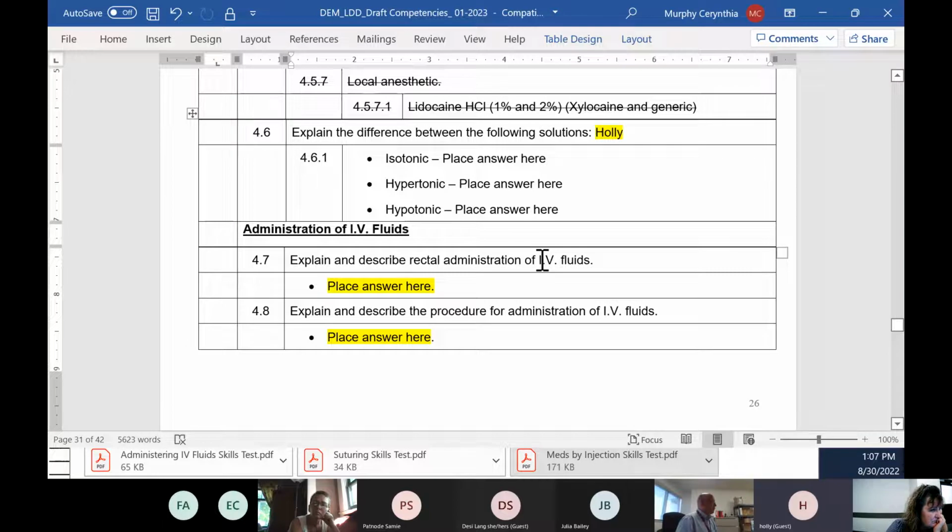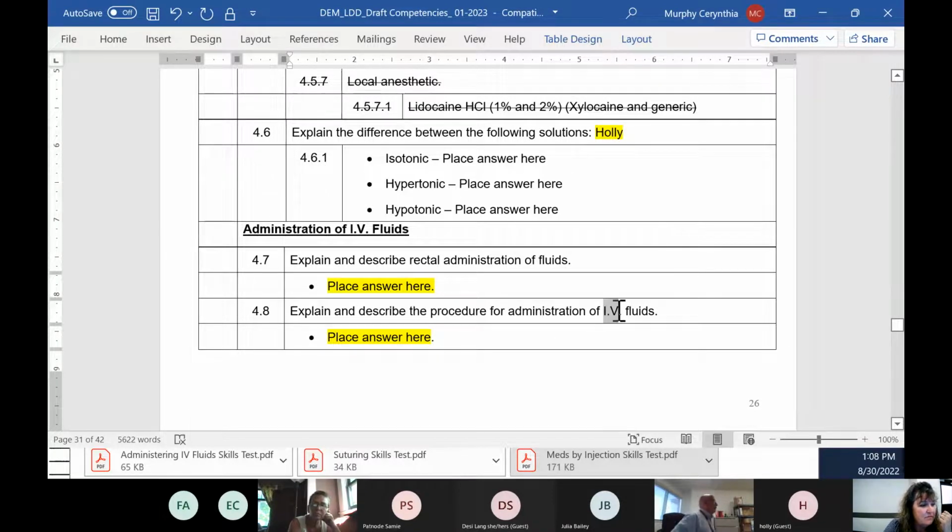No, IV describes the way you're administering it. So that's a rectal administration. Just take out IV. Explain and describe rectal administration of fluid. Take out IV, yeah.